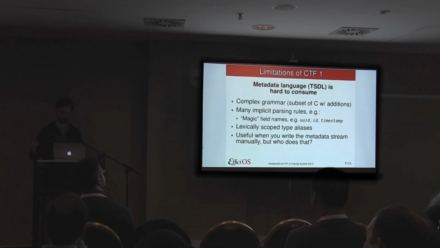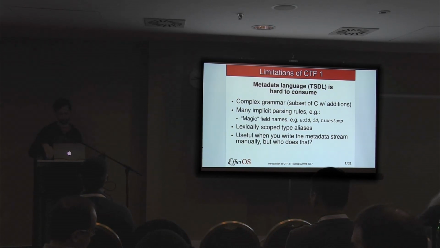So, for example, in a trace packet header, if you have a UUID field, it means that it's the trace's UUID, which you can compare with the metadata provided UUID. Also, event ID, event timestamp. Those are all provided by field names.